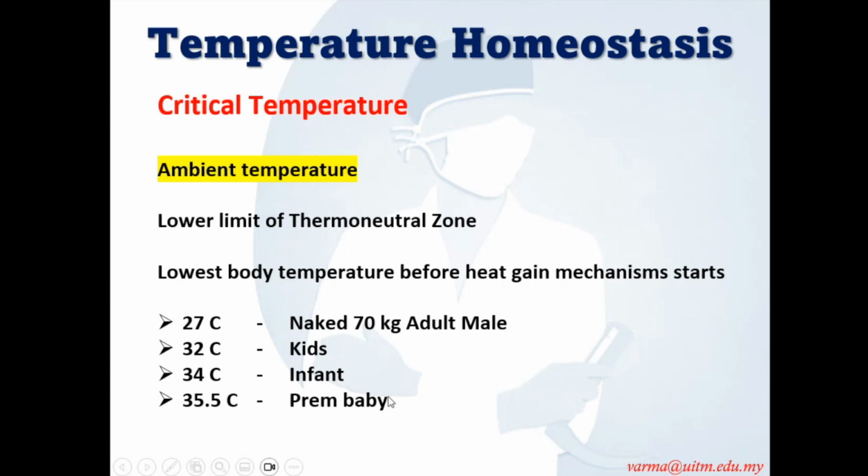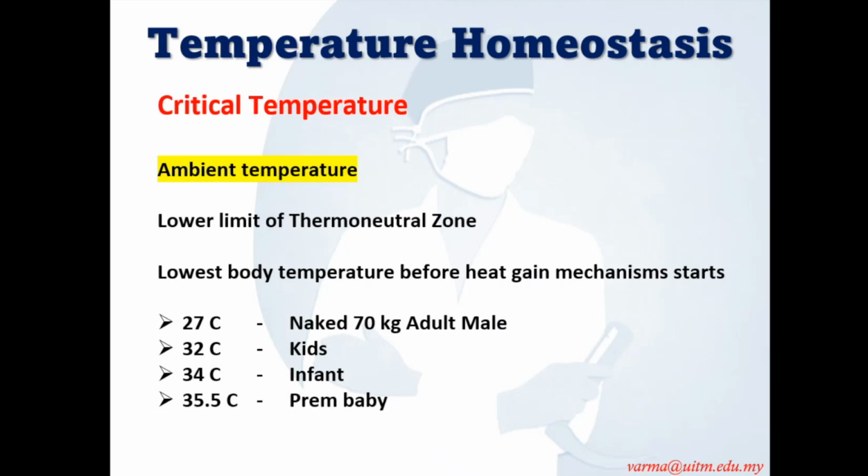In premature babies, when their thermoregulatory mechanism is not properly evolved and they have a very small body mass, their critical temperature is even higher. It means even at the slightest loss of temperature from the normal temperature of 37 or 36.5, they will start thermoregulatory mechanisms to gain heat.